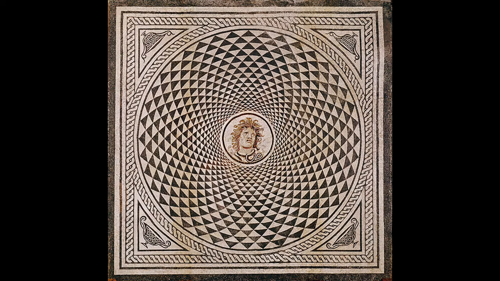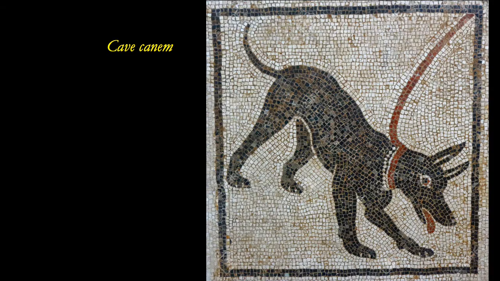Or this really spectacularly intricate one where the eye starts to see this thing going in a circle, and then focuses in on the emblem of the head of a male figure. Just extraordinary pieces of work.